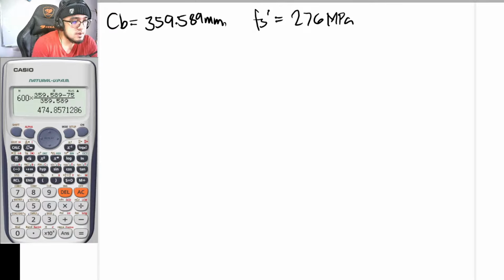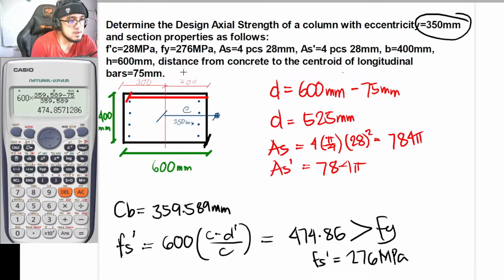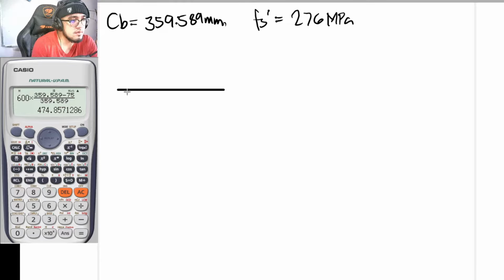So if this is its stress diagram, by the way, guys, in this figure here, of course you have your tension strength here, you have your compression steel here, and of course your concrete. So there.